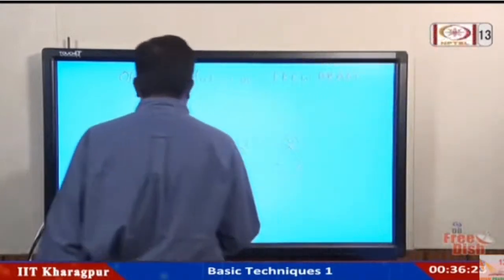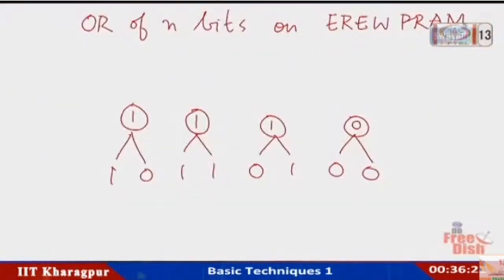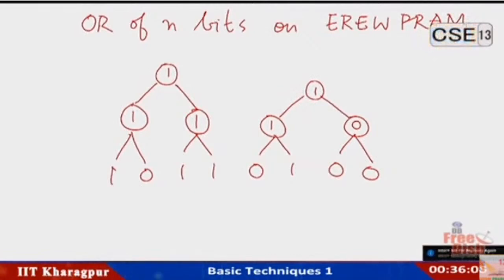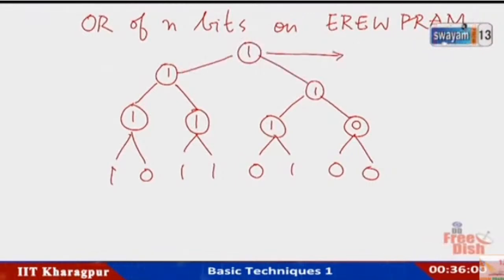The OR of these 4 bits will form the OR of the given 8 bits. So the problem size has been reduced by a factor of 2, and then we recurse. The OR of these 2 bits is 1, and the OR of these 2 bits is 1 again. Now we have reduced the array size to 2, and the OR of these 2 bits is 1 again, which happens to be the answer.